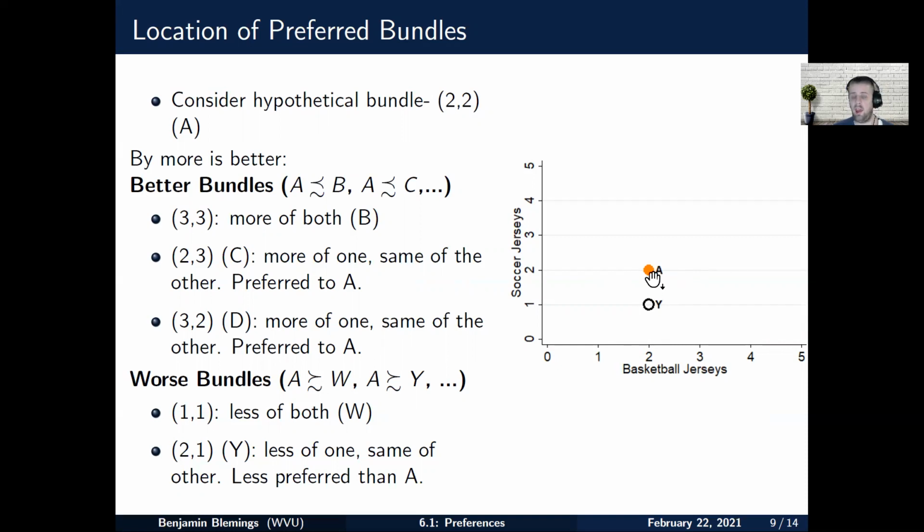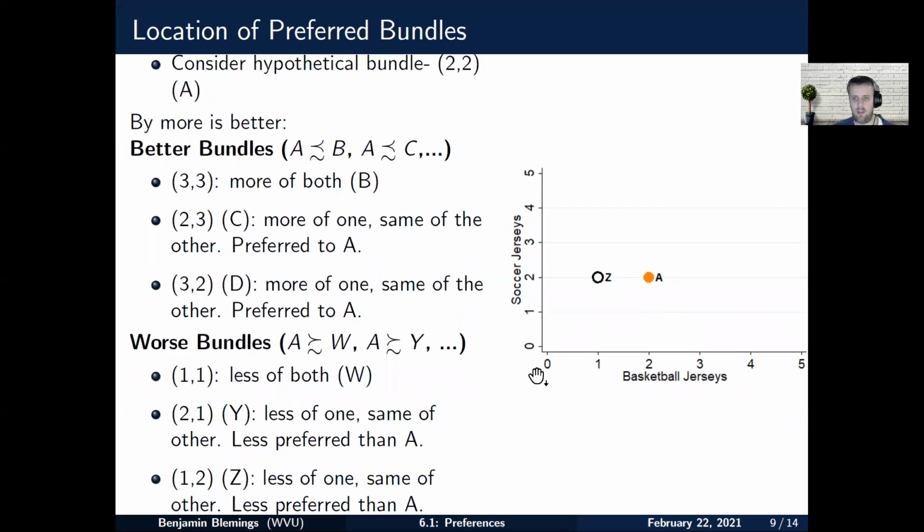So in this case, A is weakly preferred to Y. And then again, the symmetric case for losing an item is if you have the same amount of soccer jerseys and lose a basketball jersey, then you'll be worse off. And we know that A is preferred to point Z. And so that's how those properties map into preference maps, which will be an important part of this unit.